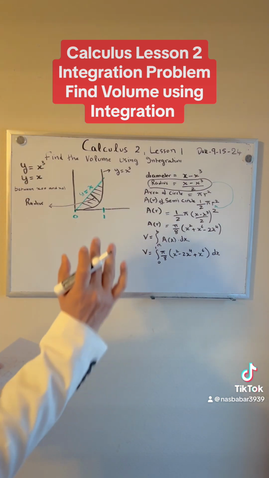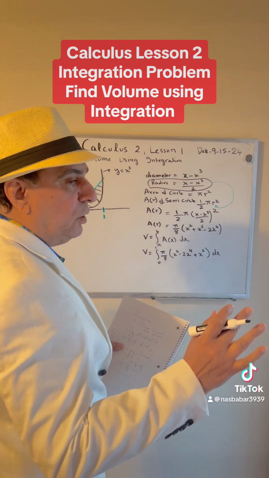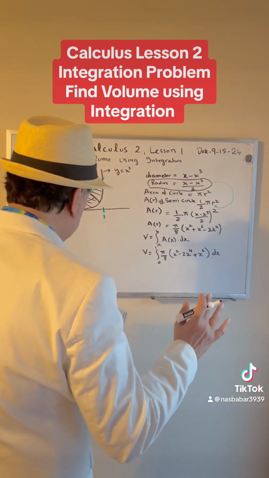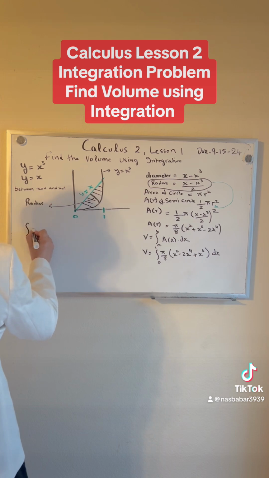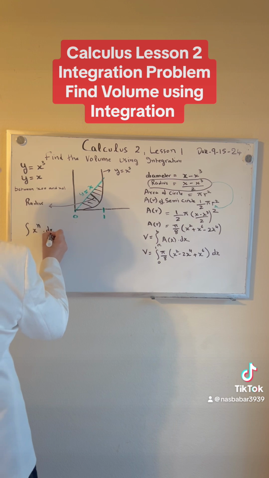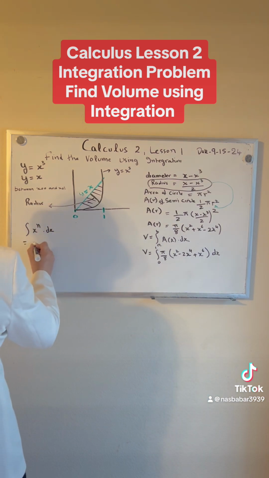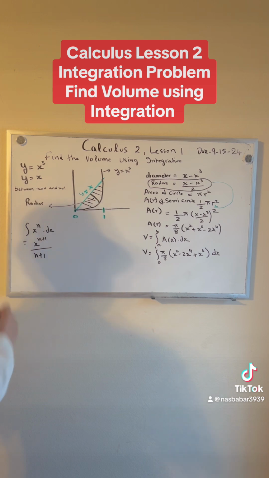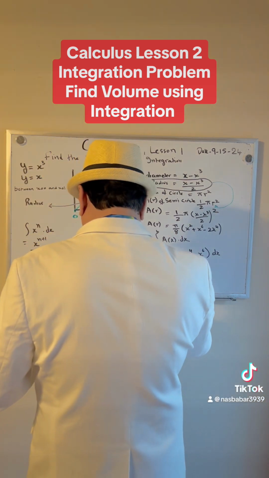Now let's go ahead and integrate that. Now everybody remembers the formula for how we integrate it, right? If you have something like x raised to the power n times dx, the way you integrate is you say x to the n plus 1 divided by n plus 1. Just a recap. So that's exactly what I'm going to do in this case.